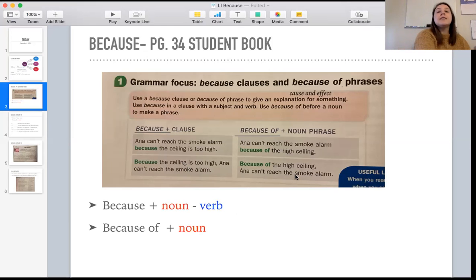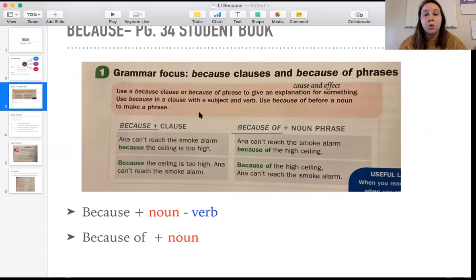Now, let's take a look at this little box at the top because this helps explain what we use this for. Let's take a look at it sentence by sentence. The first sentence says, use a because clause or because of phrase to give an explanation for something.